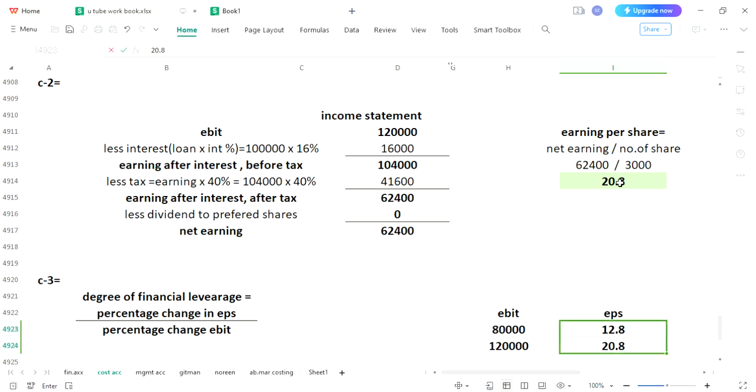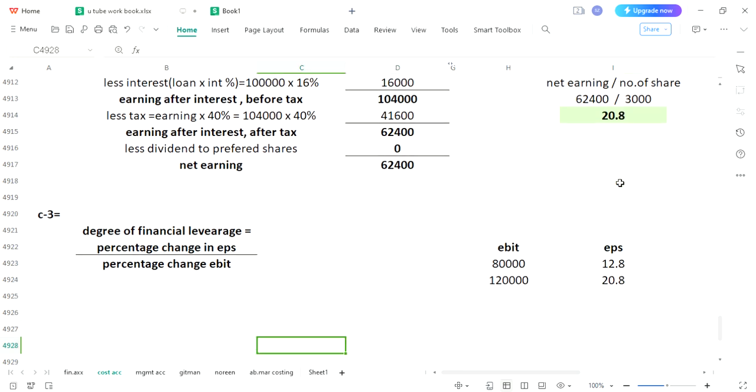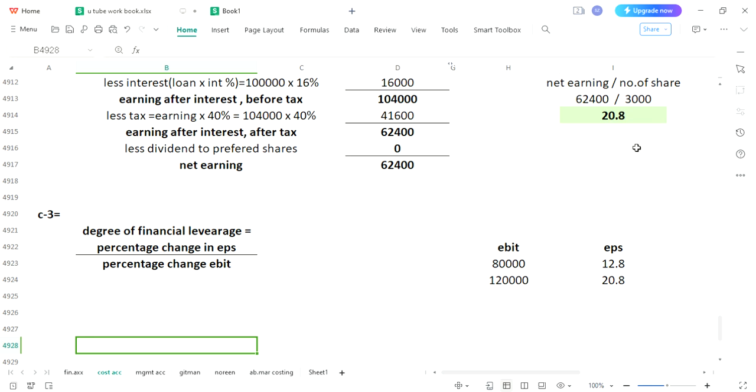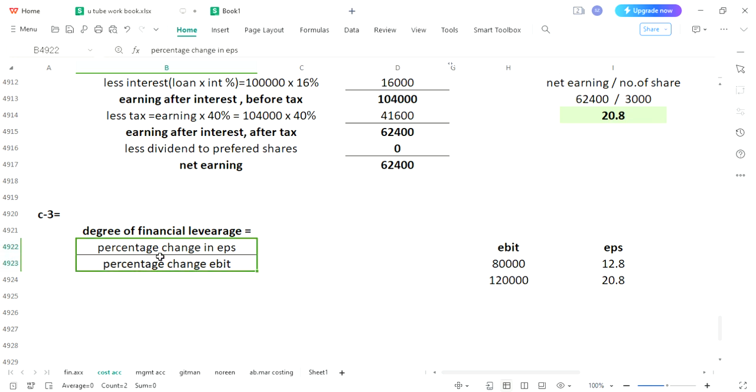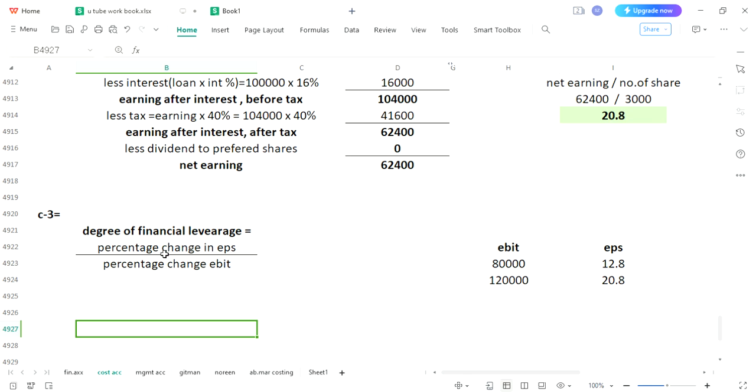These were required to calculate changes, and now first you will calculate the above figure, that is the change in EPS. That's the simple thing. So you need to calculate the percentage change in EPS.